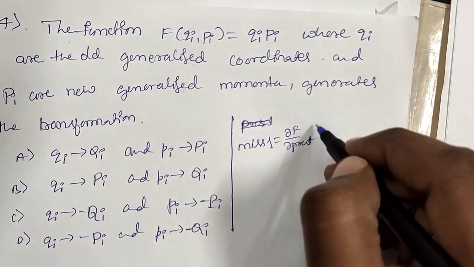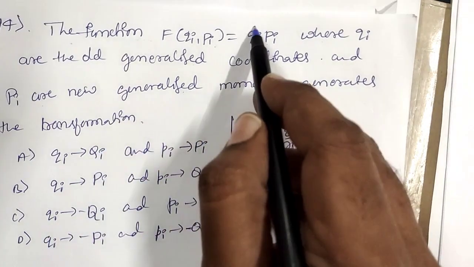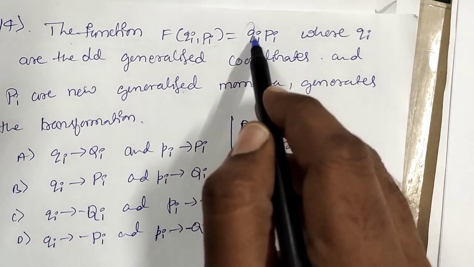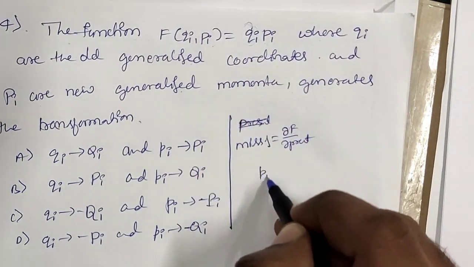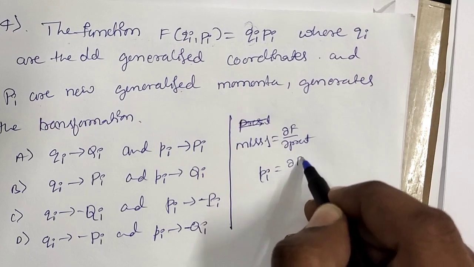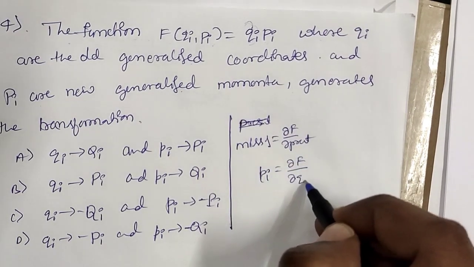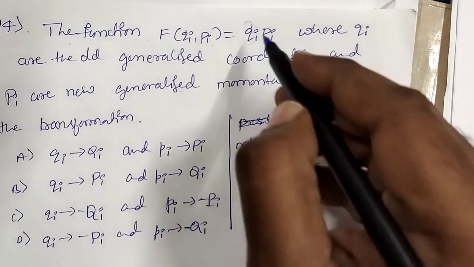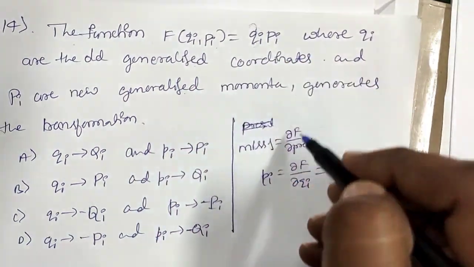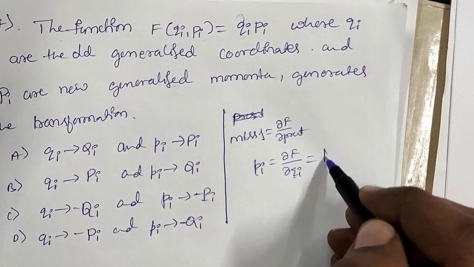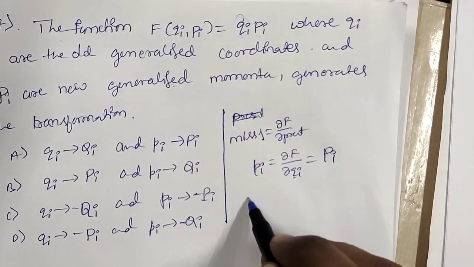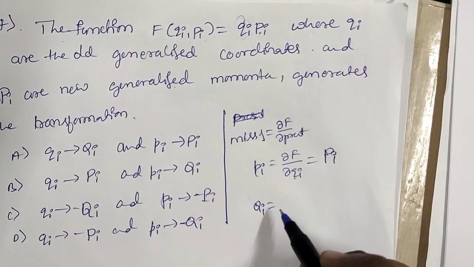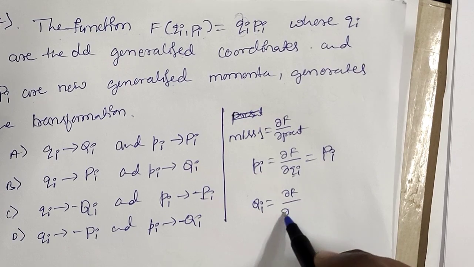So here, if I take q i, the corresponding small p i is equal to dou F by differentiate with respect to small q i. This is the function F, differentiate with respect to q i, you will get capital P i, and with respect to capital P i, capital Q i is equal to dou F by dou capital P i.